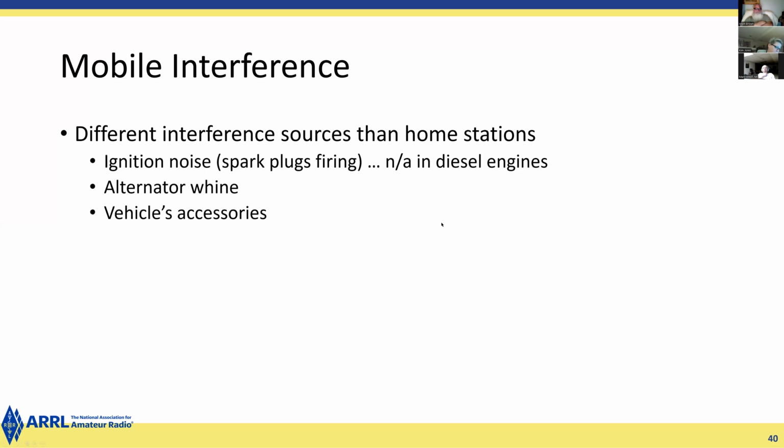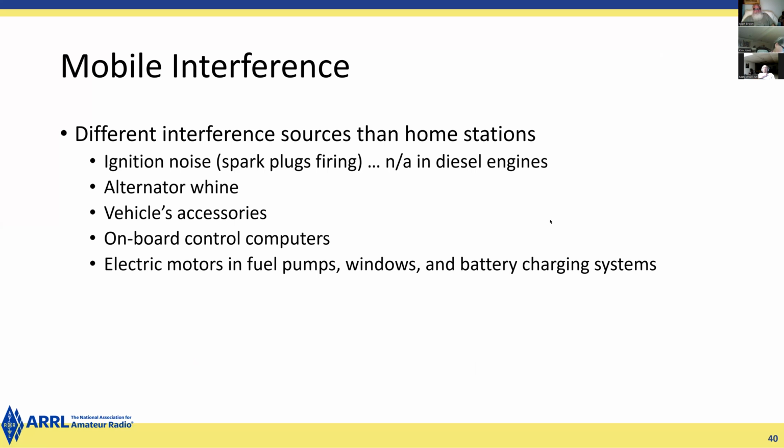The vehicle's accessories, the onboard controllers, electric motors in fuel pumps, windows, and so forth are all potential sources. Now cars just like home electronics have to be FCC certified so that the electronics on board, looking at the car as a whole, don't generate more RF output than allowed by regulation, but that can still be enough that you'll hear it.